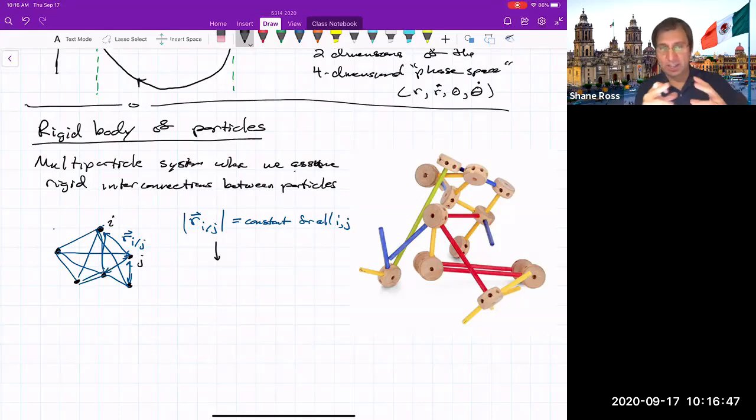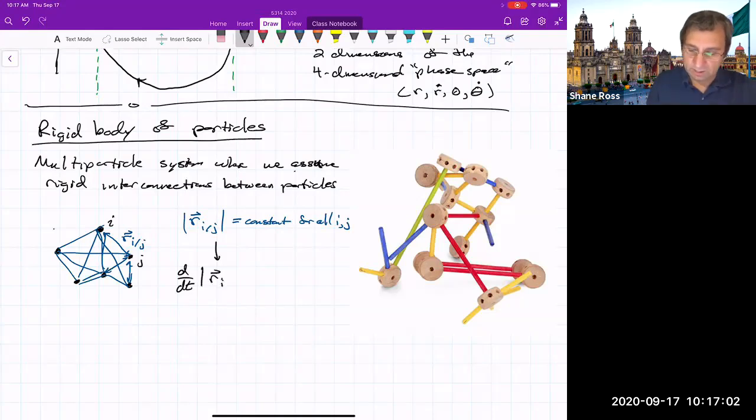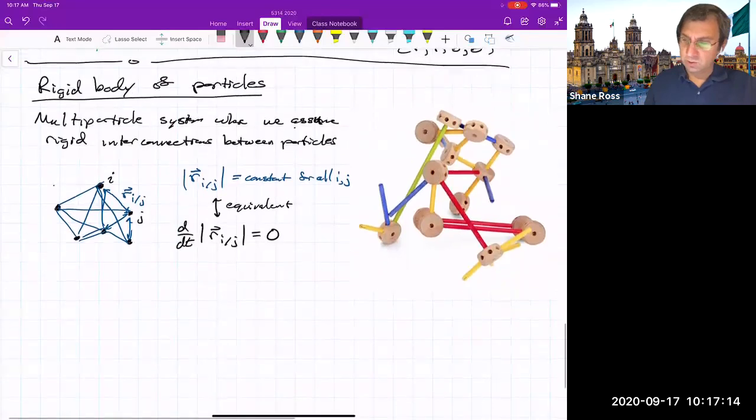So once you've rigidly connected particles, it's a huge simplification in how you describe the system. Saying that the magnitude of the vector is constant is equivalent to writing that the time derivative of this magnitude is 0, which is what we end up using.